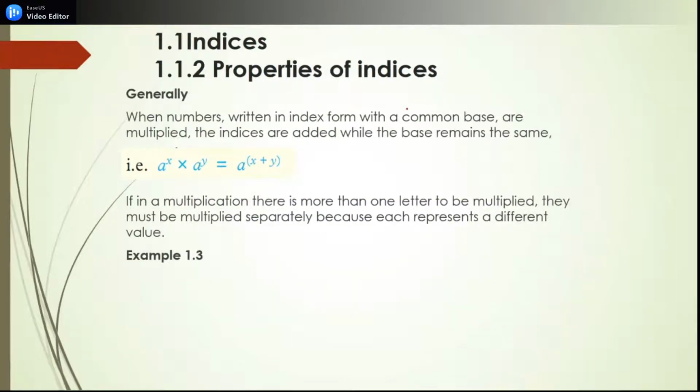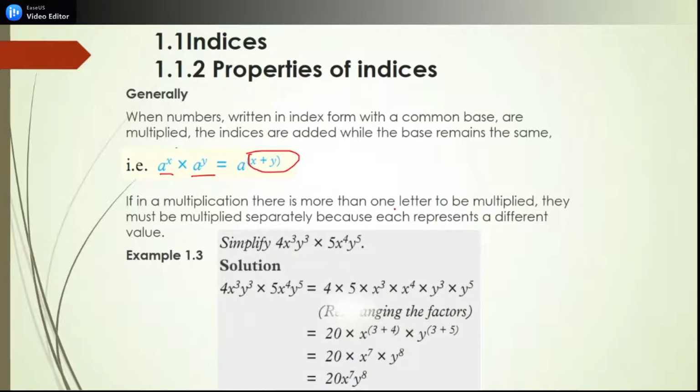Properties of indexes: when you have the same base, the powers will be added. For example, we have 4x power 3, y power 3, then 5x power 4, y power 4. You have to write by grouping the same variables, x and y.